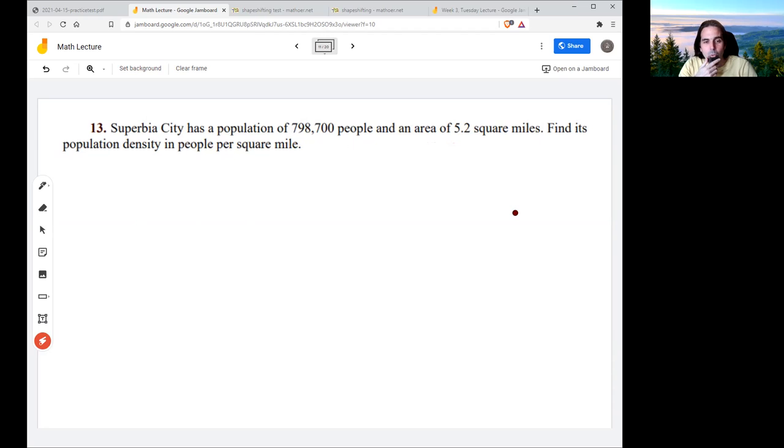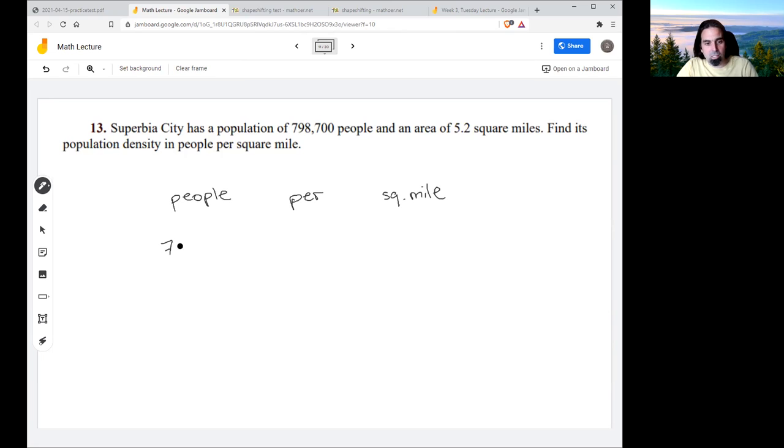And someone can just tell me, how do I know which number comes first when I put things in the calculator? Would you do the people first? Yeah. As I read it, it's people per square mile. So just as with the previous slides, I write that out. People per square mile. And that tells me the order to do things.